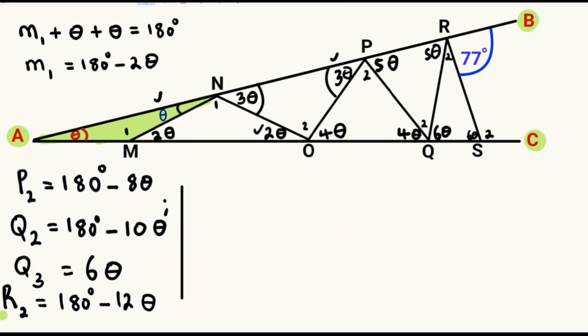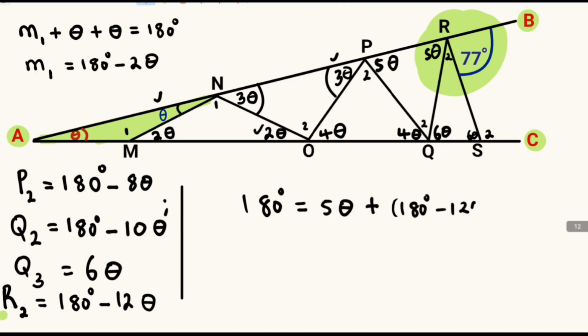And to determine the size of angle theta, since we determined the size of R2 in terms of theta, our focus will be on that part. And we know that the angles on a straight line add up to 180 degrees. So 180 degrees will be equal to 5 theta plus R2, which is equal to 180 degrees minus 12 theta, plus the angle 77 degrees.